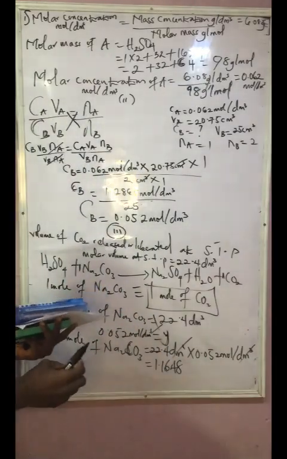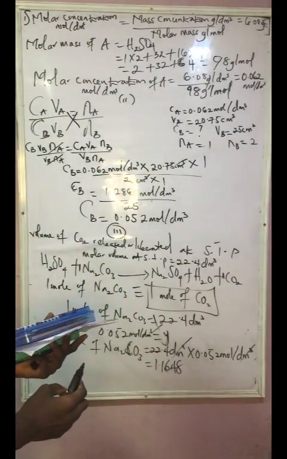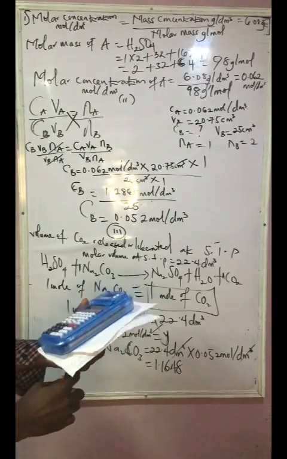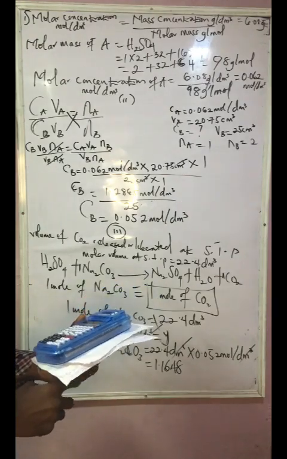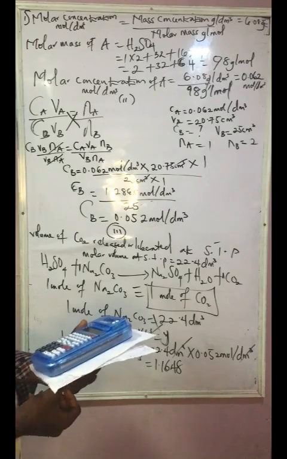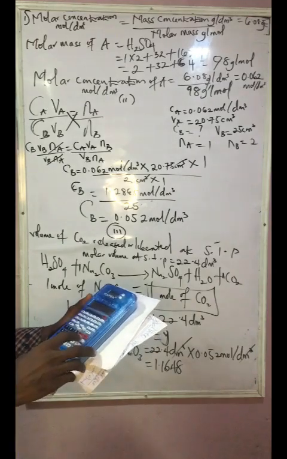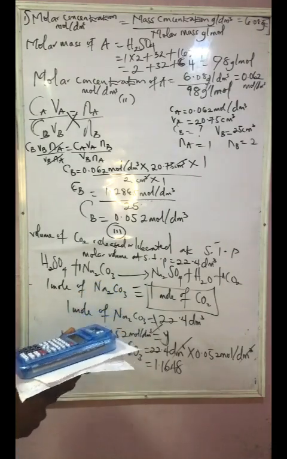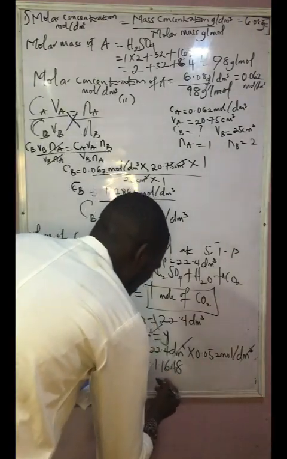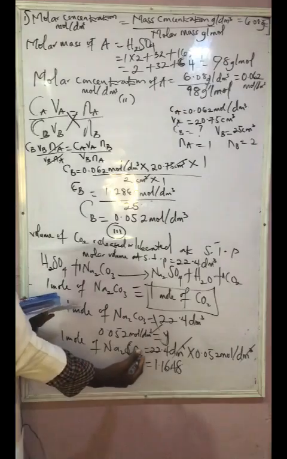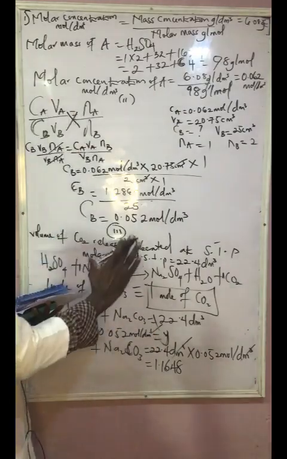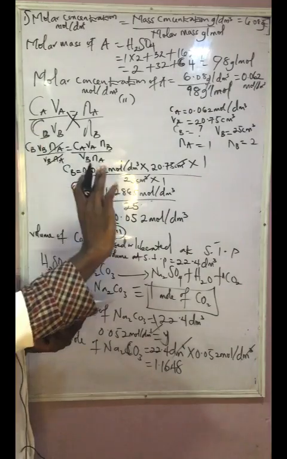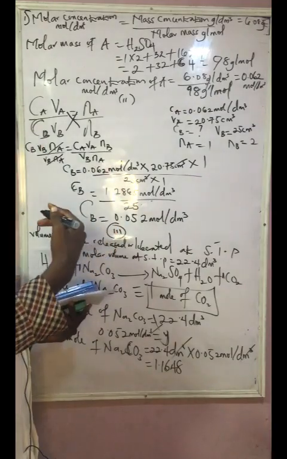So we have 1.1648, and the volume of CO2 released or liberated at STP is what, class? For this, I will advise you to multiply this by 1000. Mind you, what we are solving on the board is a likely correction, but I will tell you to multiply by 1000 based on my experience.